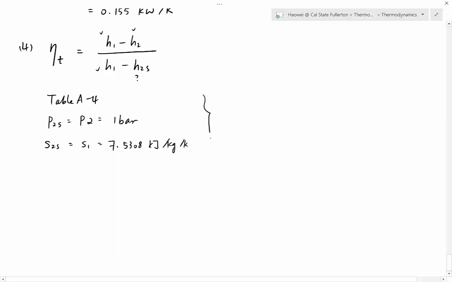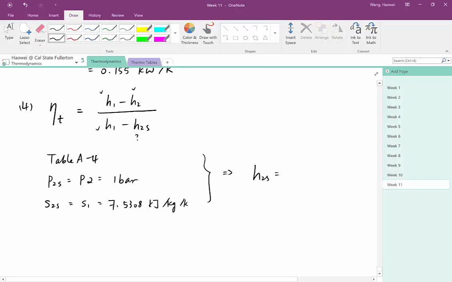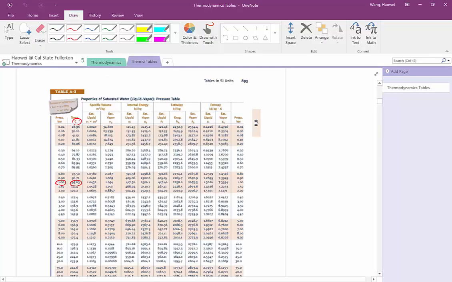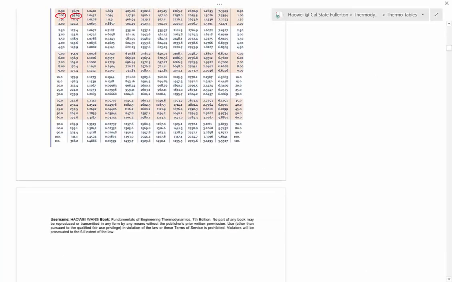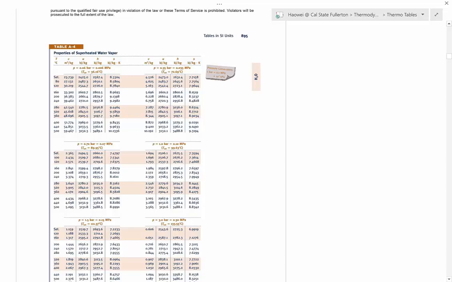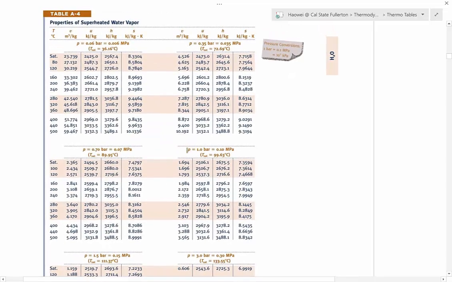And now from the table, you can look for H2S. Okay, so now we can show you the table. Table A4. The pressure we want is 1 bar, which is right here, 1 bar. Okay, what we have as the second input is S, entropy.